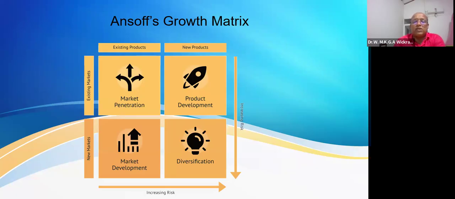So they invested billions in new products, but failed. That is why it is a risky business. You have to be very careful when you are moving to new products, even in existing markets. The product may fail.